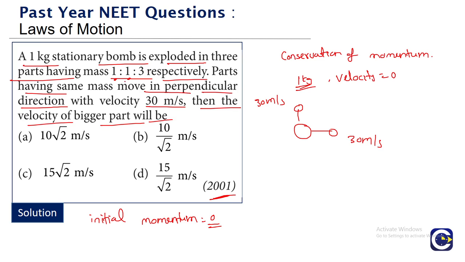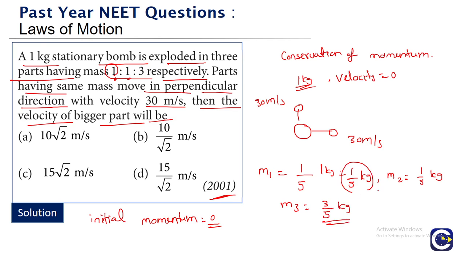They have given us the ratio 1:1:3. Total number of parts is 1 plus 1 plus 3, which is 5. So m1 is 1/5 into 1 kg, that is 1/5 of a kg. Similarly, the second part, with equal mass, is 1/5 of a kg. The third part, the heavier one, is 3/5 of a kg.